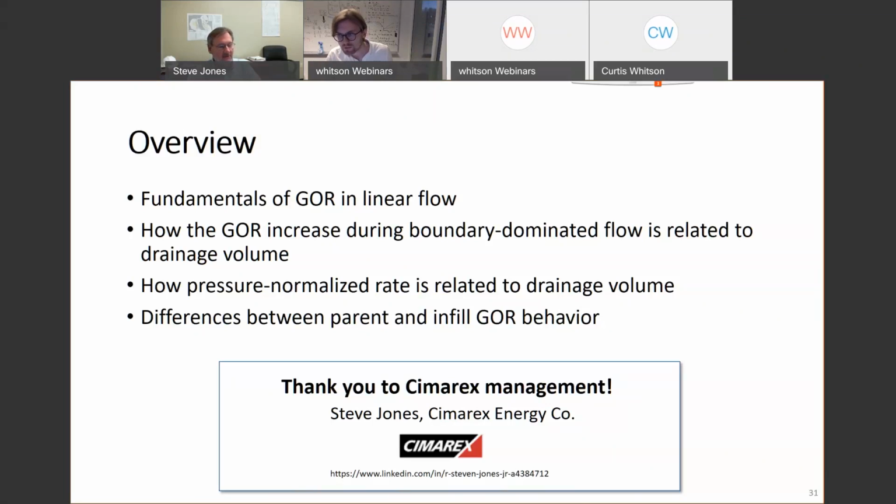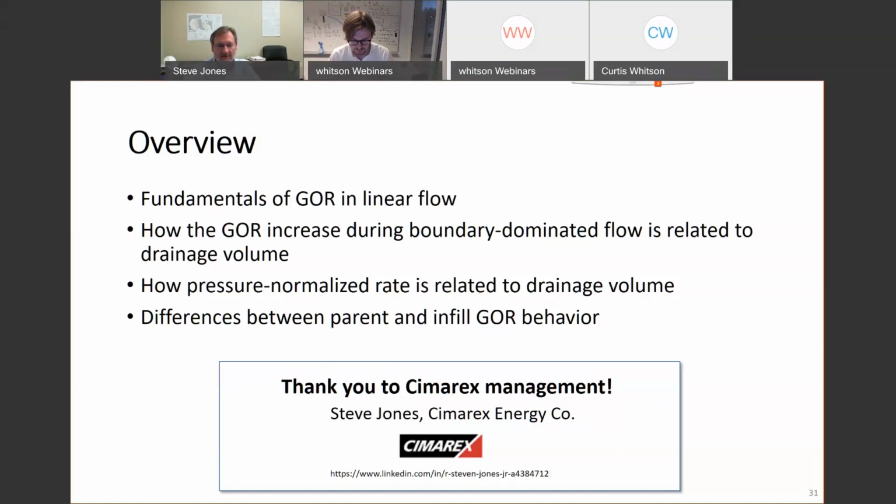I've only shown simple single layer models here, but I've run plenty of multi-layer models, and it has a big effect on your GOR. I can't say exactly how it changes your GOR behavior, because it just depends on what the reservoir system is. But you always have to keep in mind that what you're seeing at the well, at the surface, is an average of everything that's going on downhole.